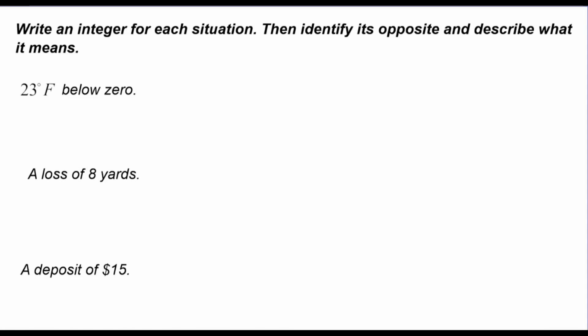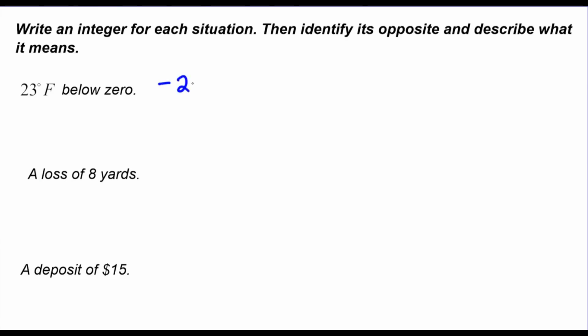For each situation here, let's come up with an integer that represents its value, then identify its opposite and describe what it means. So 23 degrees Fahrenheit below 0. If we were to pick an integer, a positive or negative whole number, to represent this value, since we are below 0, that indicates a negative value.